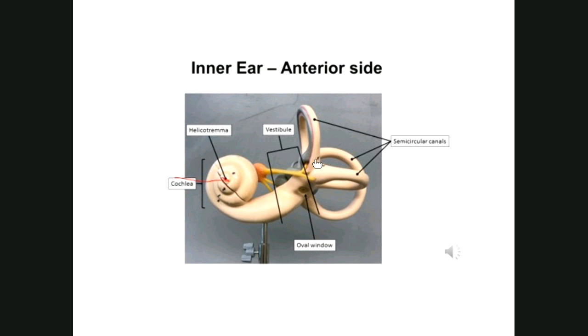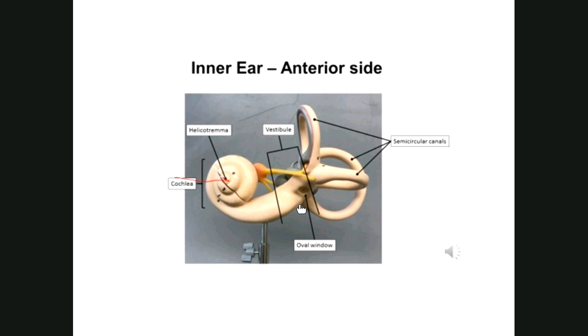This top one here goes, this is the front. This spiral that goes forward, that's the front of this inner ear. So this loop goes front to back. It's called the anterior semicircular canal. This one goes out to the side and back towards it. Out to the side is the lateral semicircular canal. And the one in the back, that forms a loop in the back, is called the posterior semicircular canal.